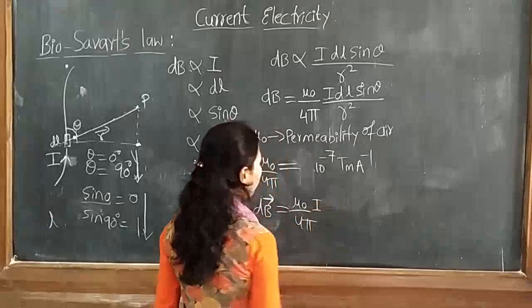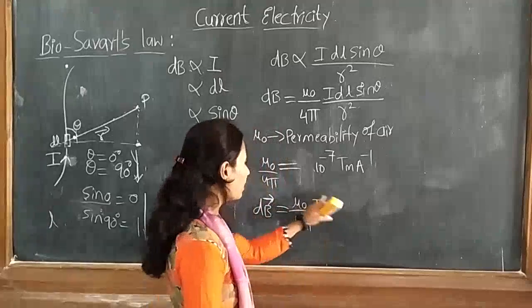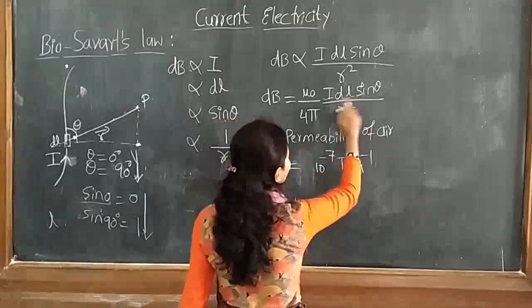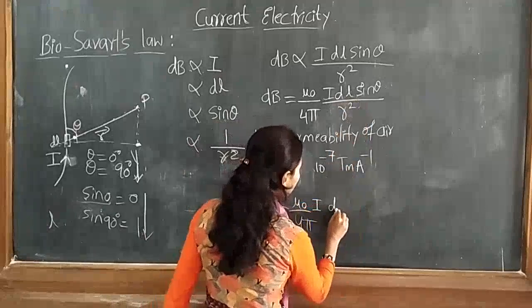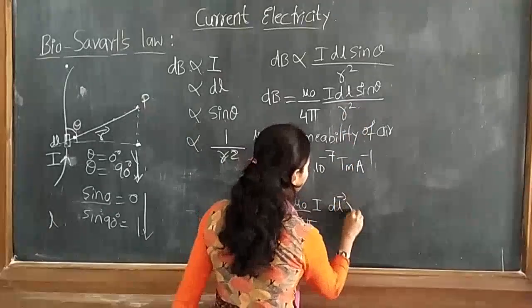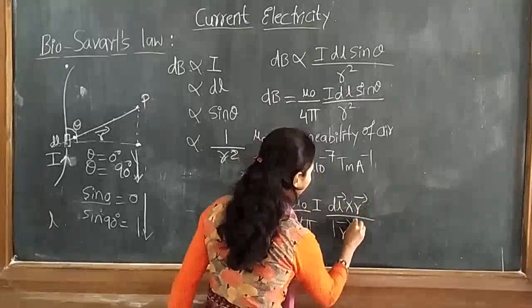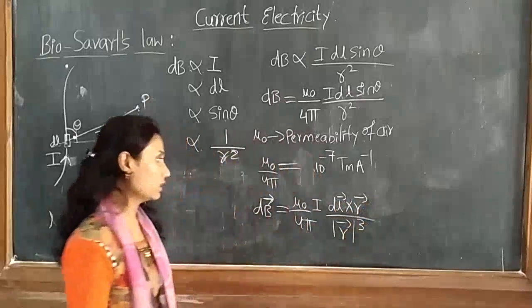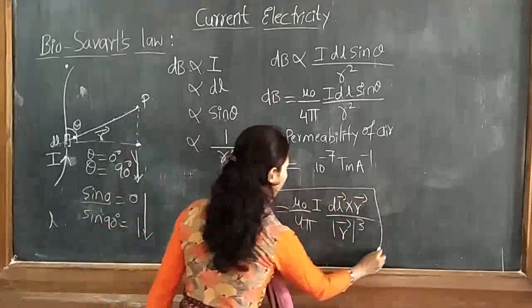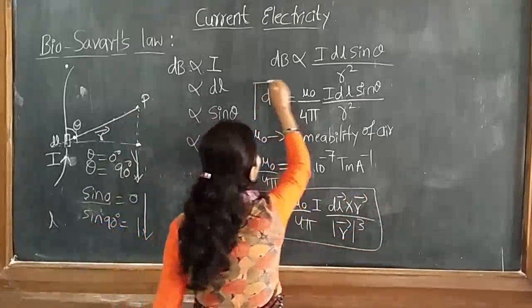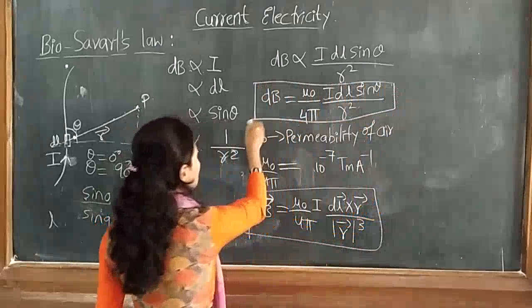I is a scalar quantity, so we are not showing the arrow mark here. Next, I will make certain changes to write it in vector form. That is dl cross r divided by magnitude of r cube. This is the vector form, and it is showing the magnitude. This is the difference.